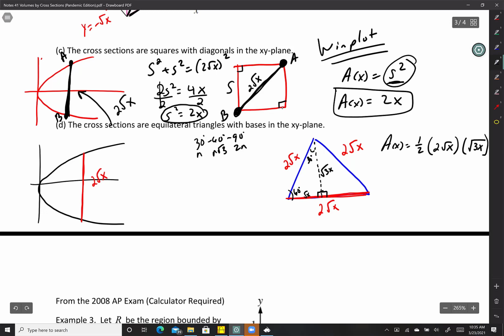The 3x is inside the radical. Let's see what this simplifies to. A of x equals, the 2's cancel out. Square root of x times square root of x is just x, so I would write that first, and then square root of 3. And that's my cross section, guys. That's what I would integrate if they ask for the volume.